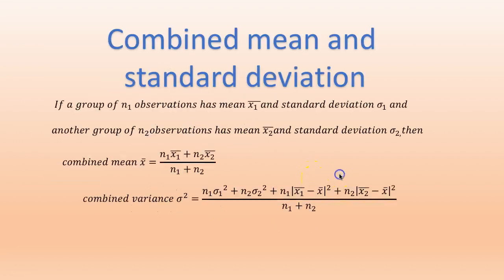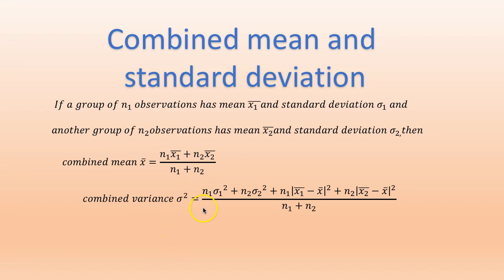Now we come to combined mean and standard deviation. This is used in GRE problems and GMAT problems as well. If a group of N1 observations has mean x1 bar and standard deviation sigma 1, and another group of N2 observations has mean x2 bar and standard deviation sigma 2, then combined mean x bar equal to (N1 x1 bar plus N2 x2 bar) by (N1 plus N2).